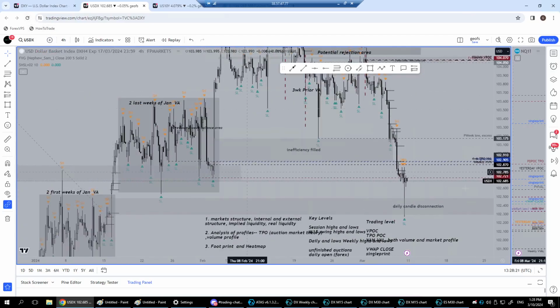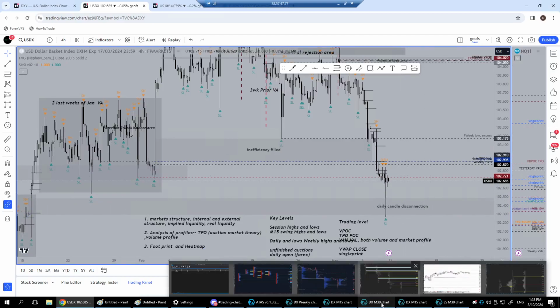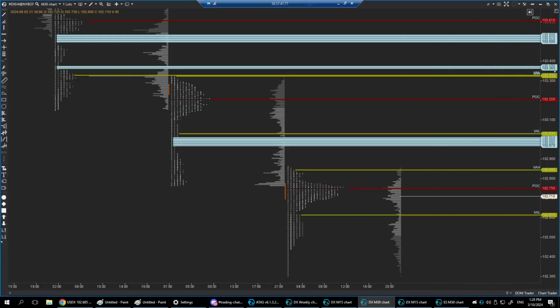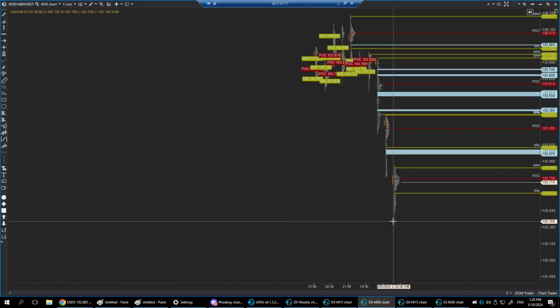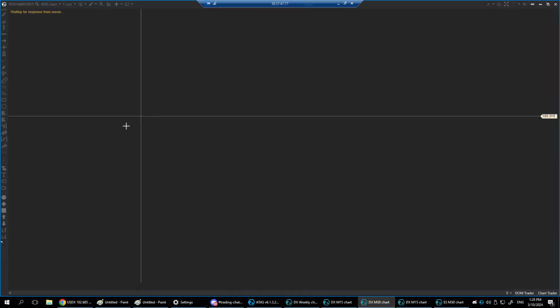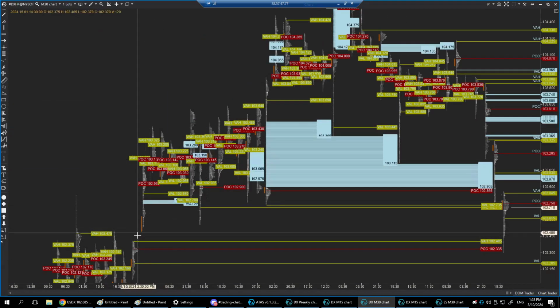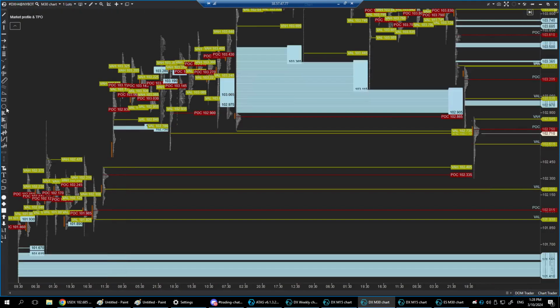So, see this section, daily candle disconnection. This was critically important for trading NFP. That was this gap right here. Okay.